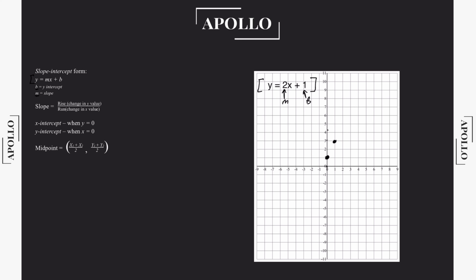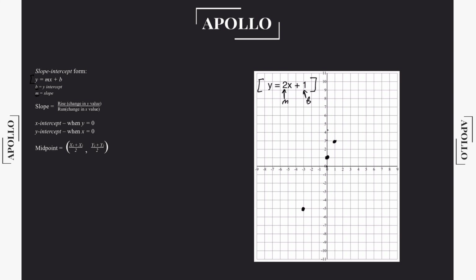Now let's do a negative number. Let's do negative 3. If we put negative 3 in there, it'll be negative 3 times 2, which will give us negative 6, plus 1 will give us negative 5. So at x equals negative 3, y is negative 5. So right here. And then once you get those 3 dots down, you can just draw your line.